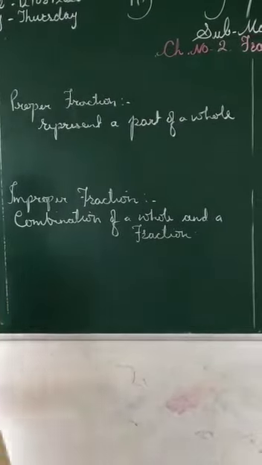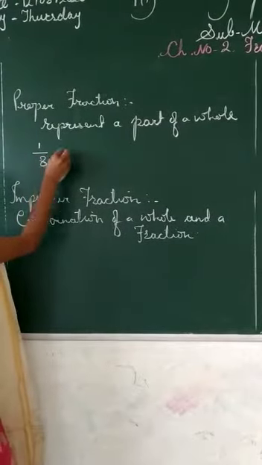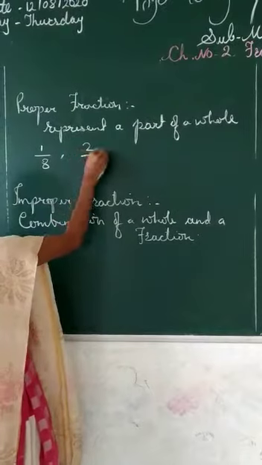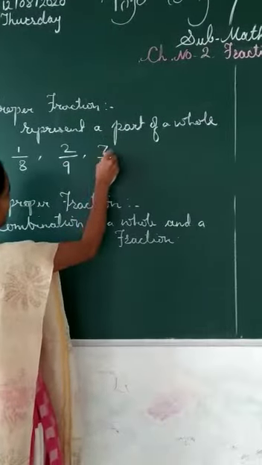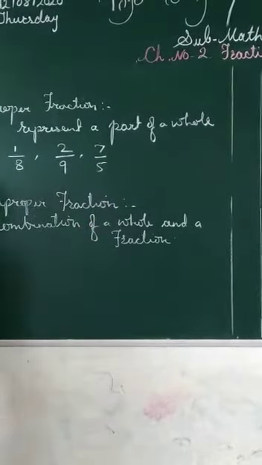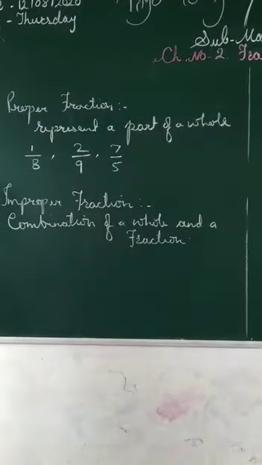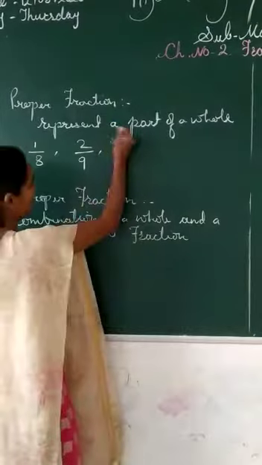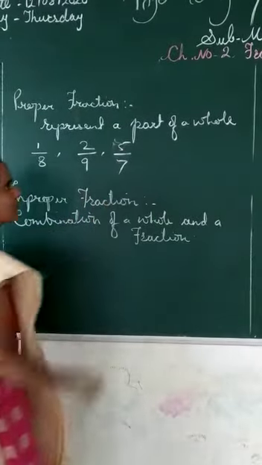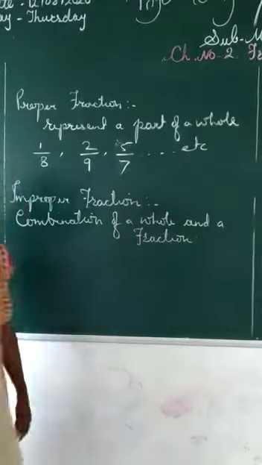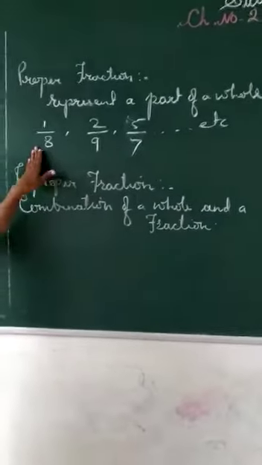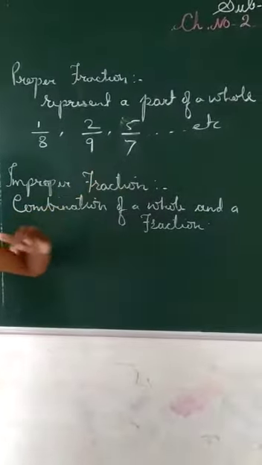Like 1/8 or 2/9, 5/7. Sorry, not 7/5, 5/7. These are called proper fractions. Why proper fraction? Because it is selected out of one whole part.